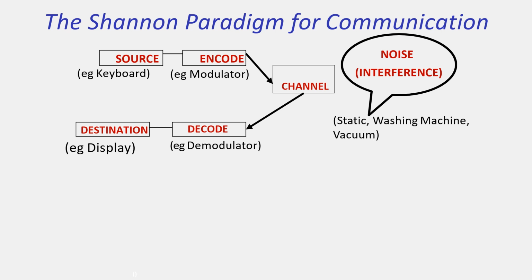When it arrives, it is decoded and then finally shown at the destination. While all of this is going on, there's the possibility that there is noise in the background. This could be static effects, it could be something like a washing machine or a vacuum cleaner. That particular picture is called the Shannon paradigm for communication.